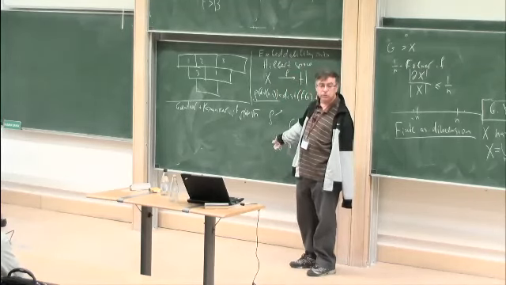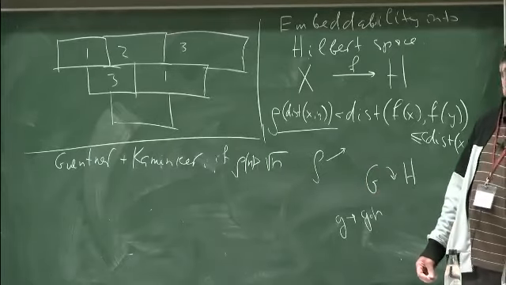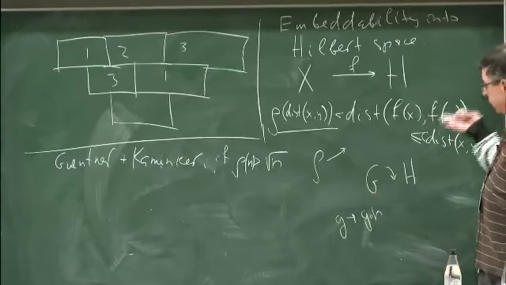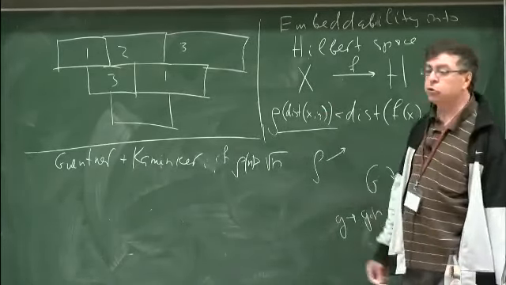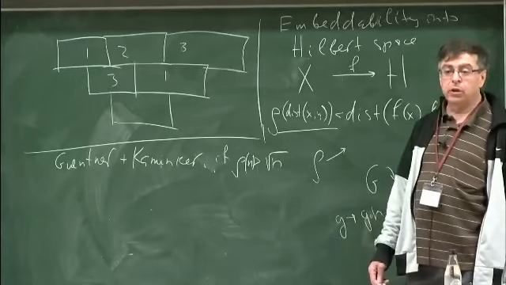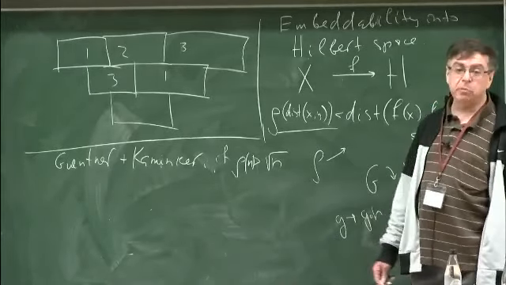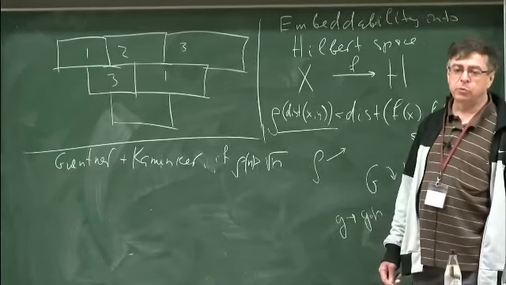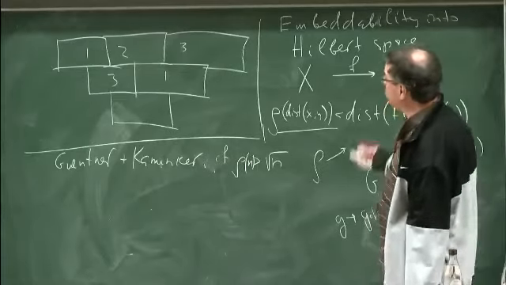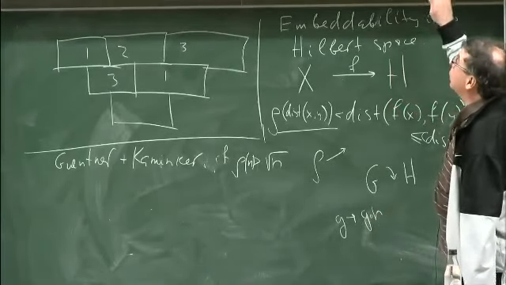That's a particular kind of embedding. If we can embed this way, and again rho is bigger than square root, then the group is amenable.